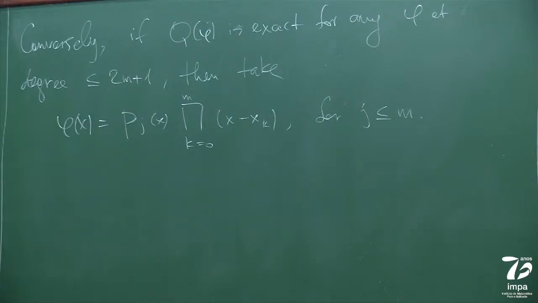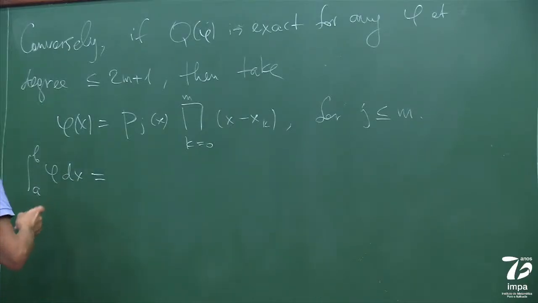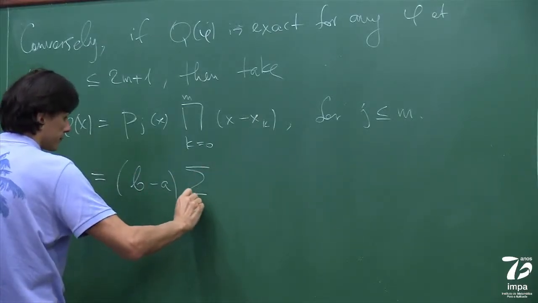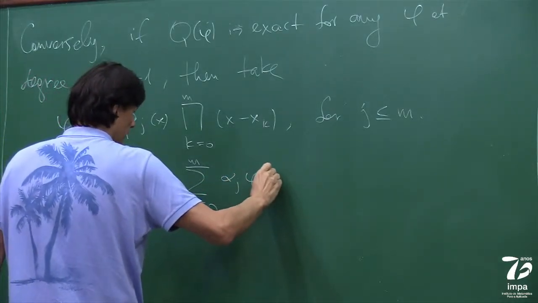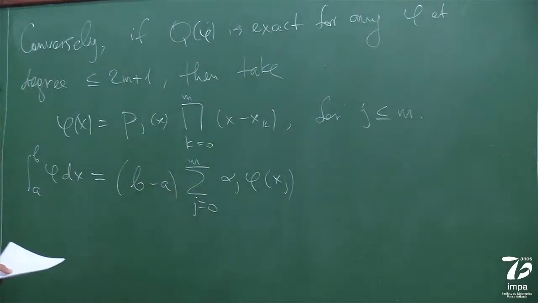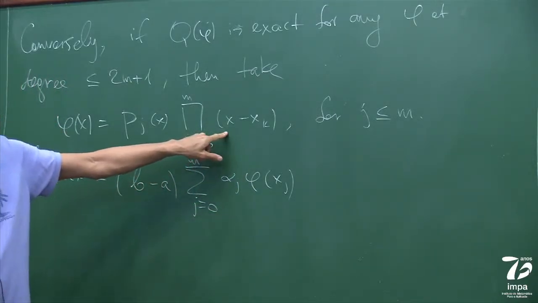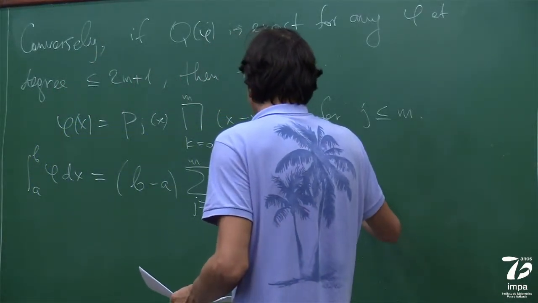So now Q is exact on these functions. So we know that the integral should be given exactly by this expression. But you see, whenever you put xj, it's always 0, because we take the product of all these terms. So one of these terms is 0, so this is 0.